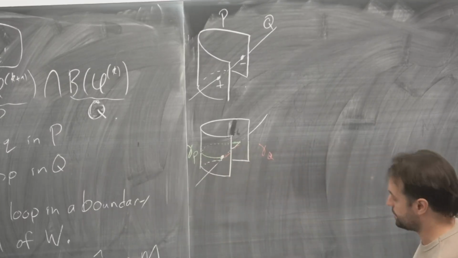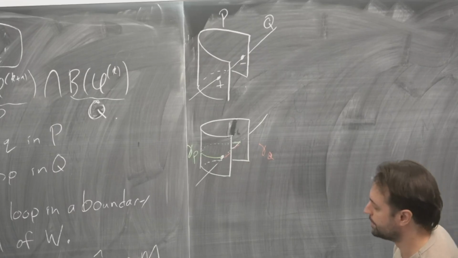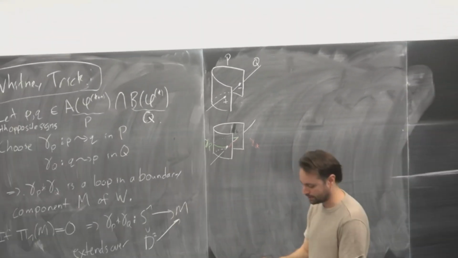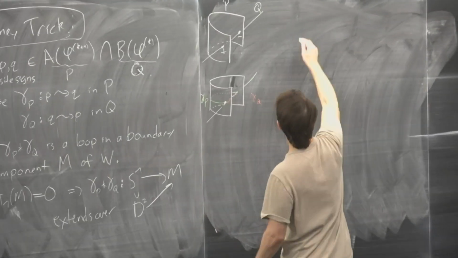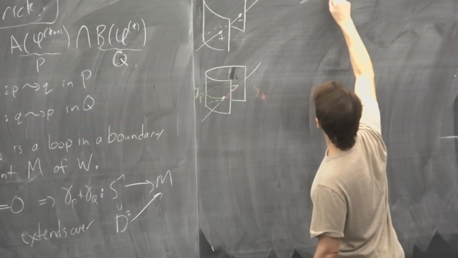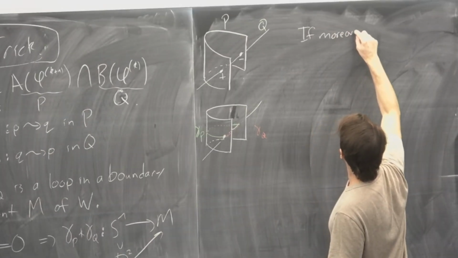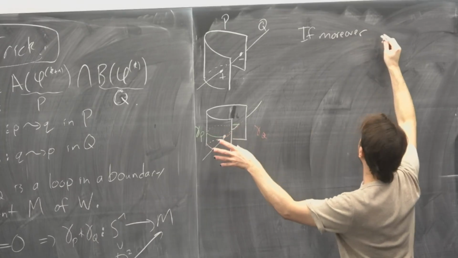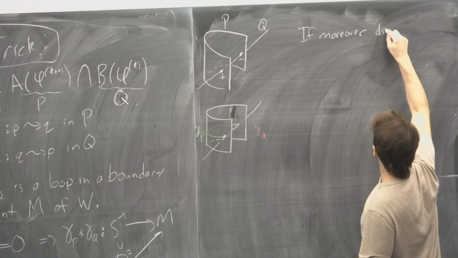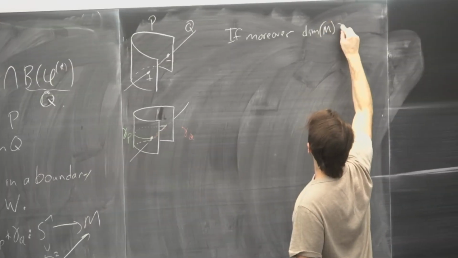Okay, and then we've chosen an extension of the disk. I'm not going to draw it yet because it's not what we want entirely. Moreover, all of this is happening in the boundary, and the dimension of the boundary is at least 5.